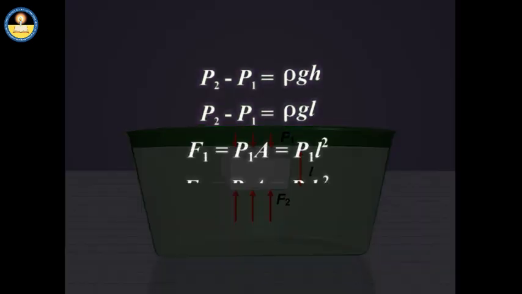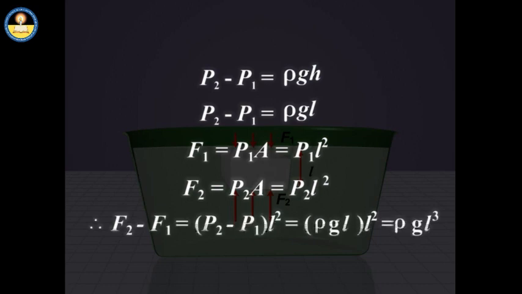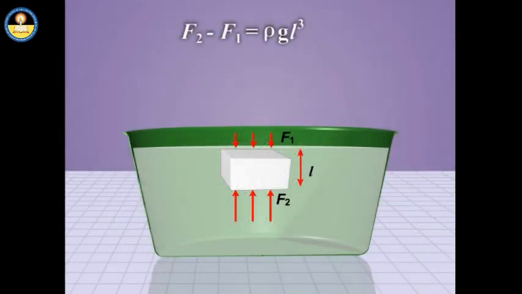And thereby, the upward force acting at the lower face is more than that of the upper face, as can be seen. This difference in forces gives rise to a net upward force, which is the buoyant force acting on the cube.